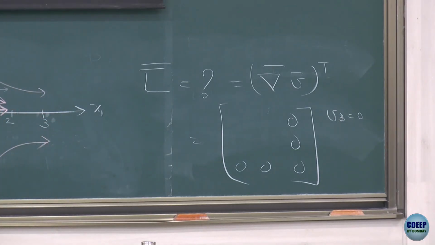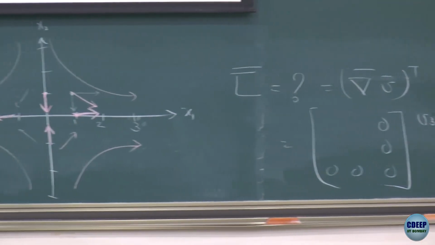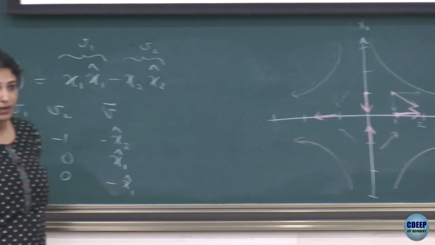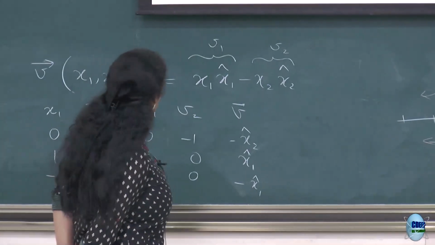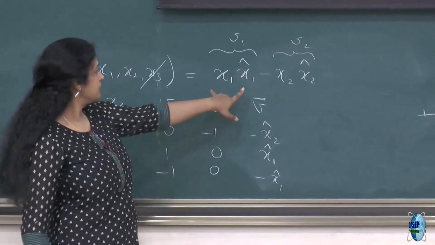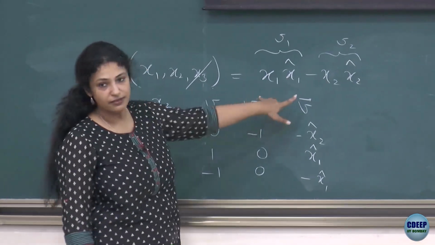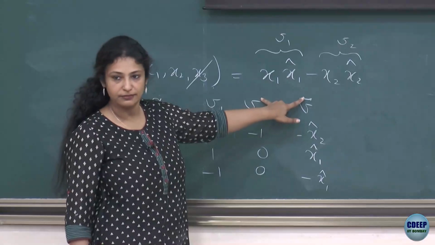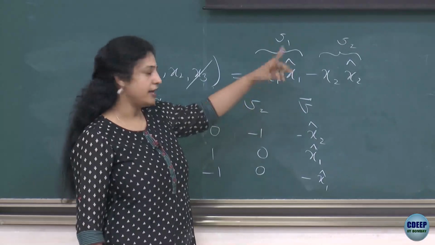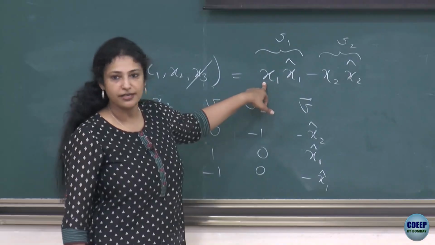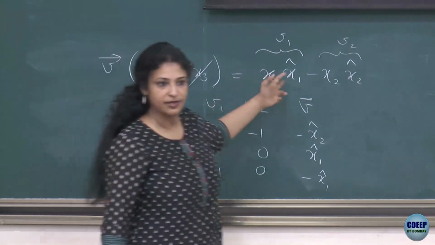So what are these 4 terms? What is L 1, 1? L 1, 1 is the derivative of V1 with respect to x1, right. V1 is this, and as you rightly said, you take a derivative with respect to x1, you are just going to get 1.